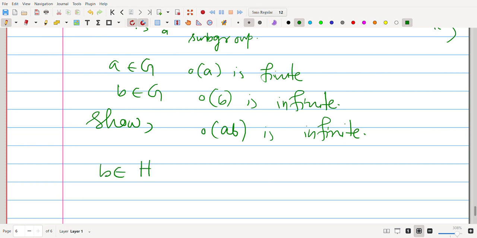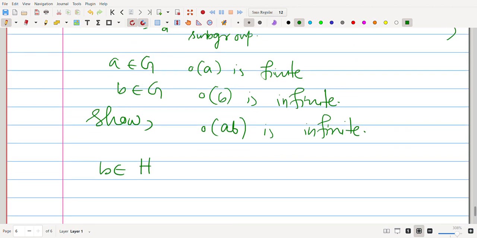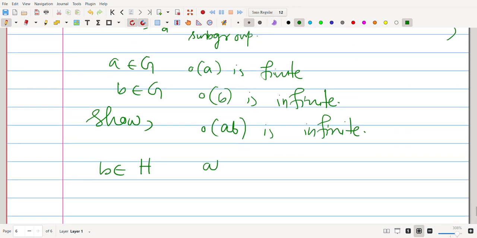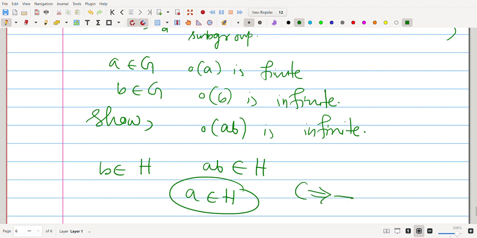B belongs to H because order of B is infinite. AB belongs to H because order of AB is infinite. Since H is a subgroup, that will imply A belongs to H, but order of A is finite. That's a contradiction, right? That's how it is false. So you only need to show that order of AB is infinite.